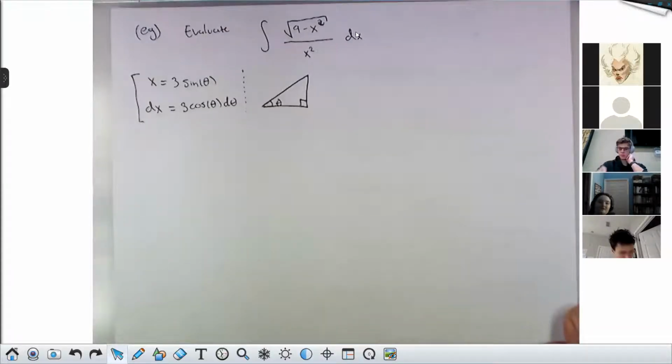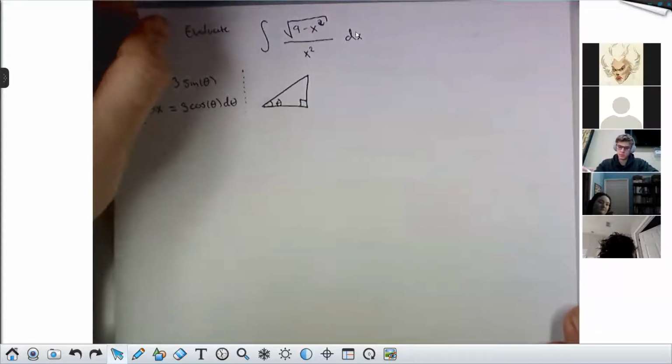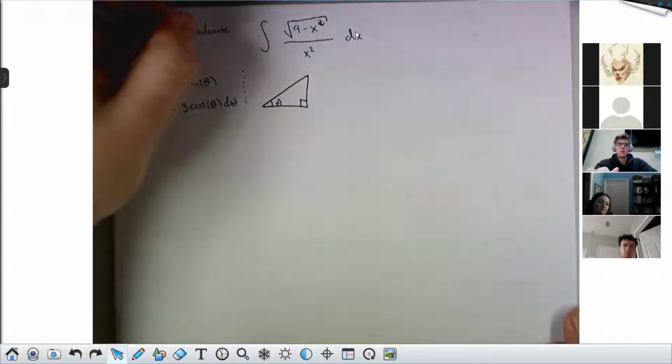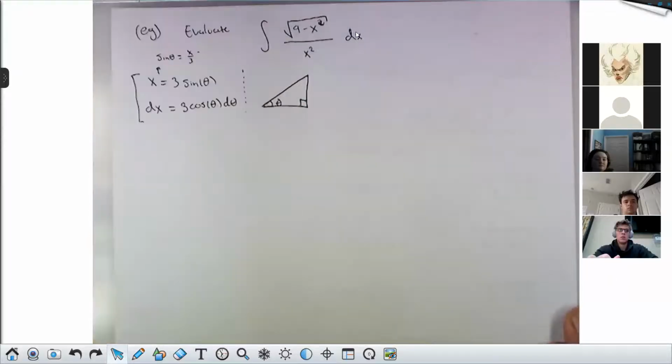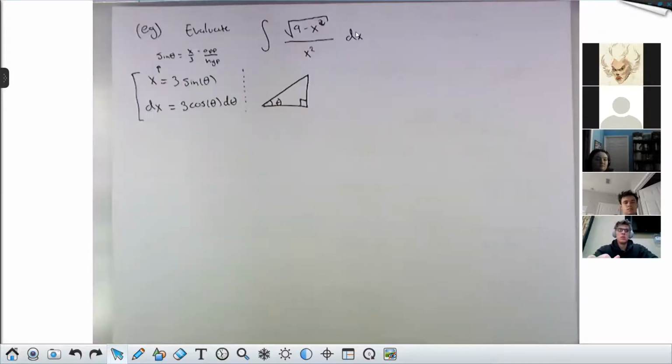If x is 3 times the sine of theta, that's the same as saying sine of theta is x over 3. And remember, from SOHCAHTOA, sine is the opposite over the hypotenuse. So I can interpret sine theta equals x over 3 using SOHCAHTOA, where x is the opposite side length and 3 is the hypotenuse side length.